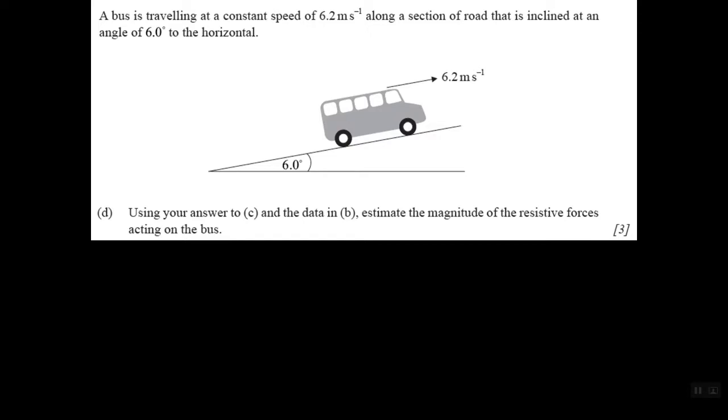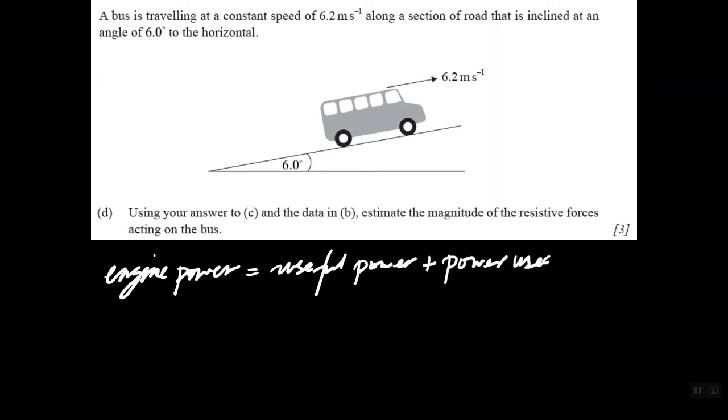D. Using your answer to C and the data in B, estimate the magnitude of the resistive force acting on the bus. Engine power supplied equals useful power to climb the height plus the power used to overcome the friction. We can express it this way.